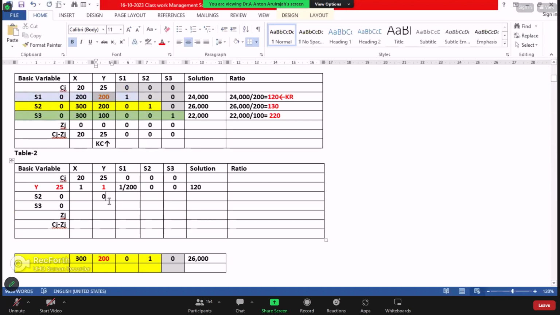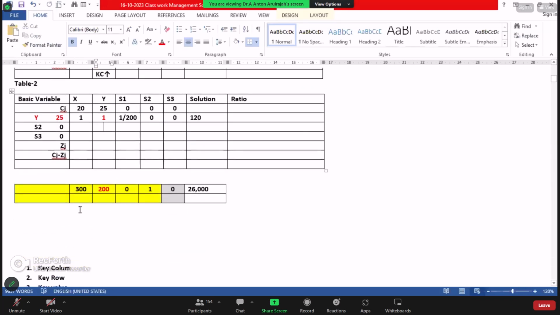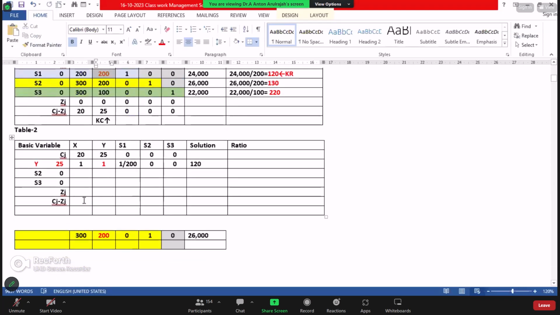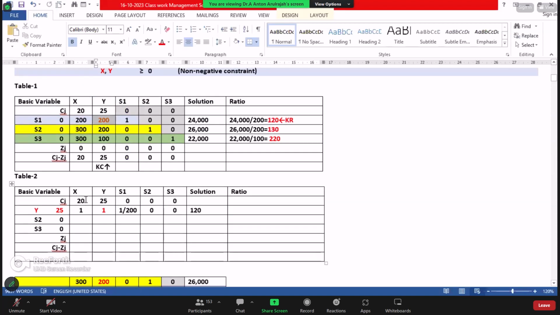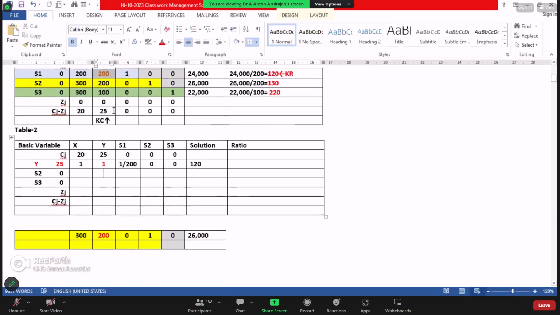So how are we going to make it? First, we have to multiply. Then write it.